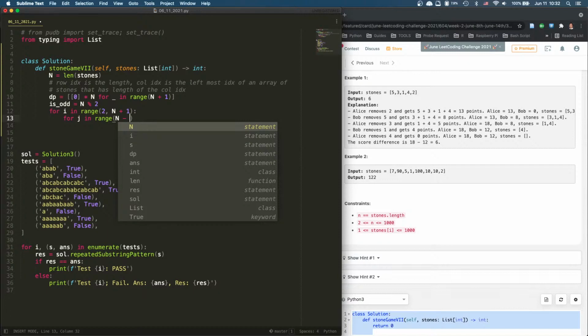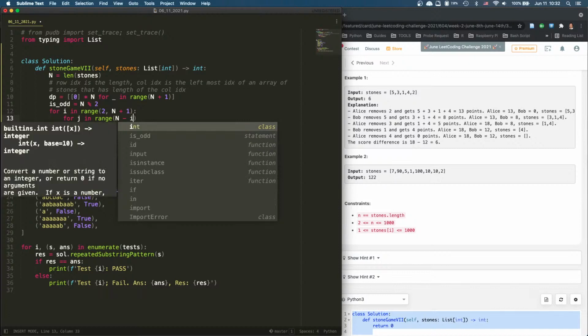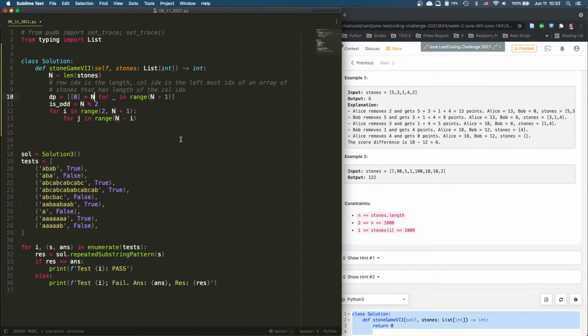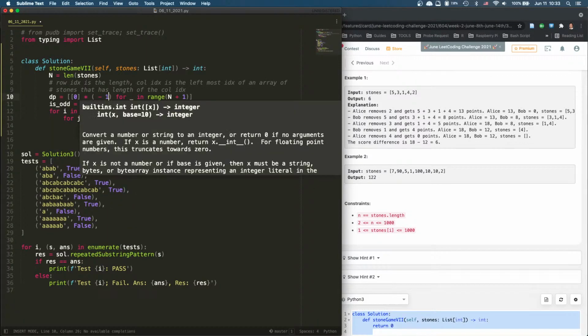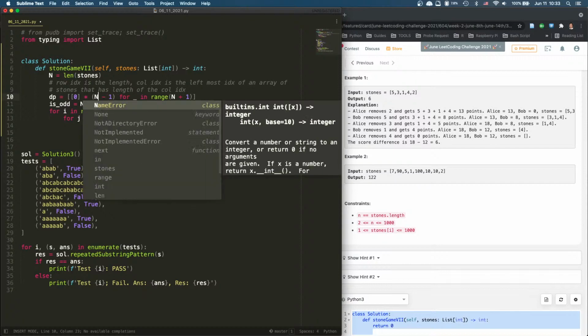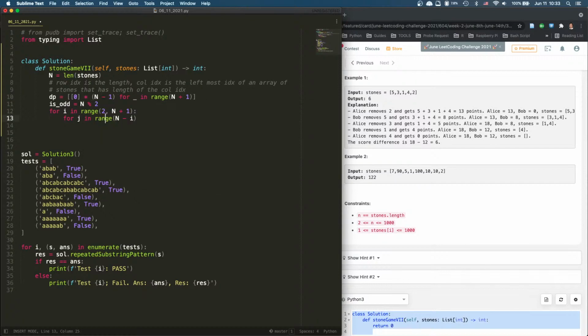Well, it is n minus i, because the last j can take is n minus 2 if we want to get 2. That actually means this is not going to be n, because the last one is n minus 2. So it's actually n minus 1. You can get a bit smaller, right?